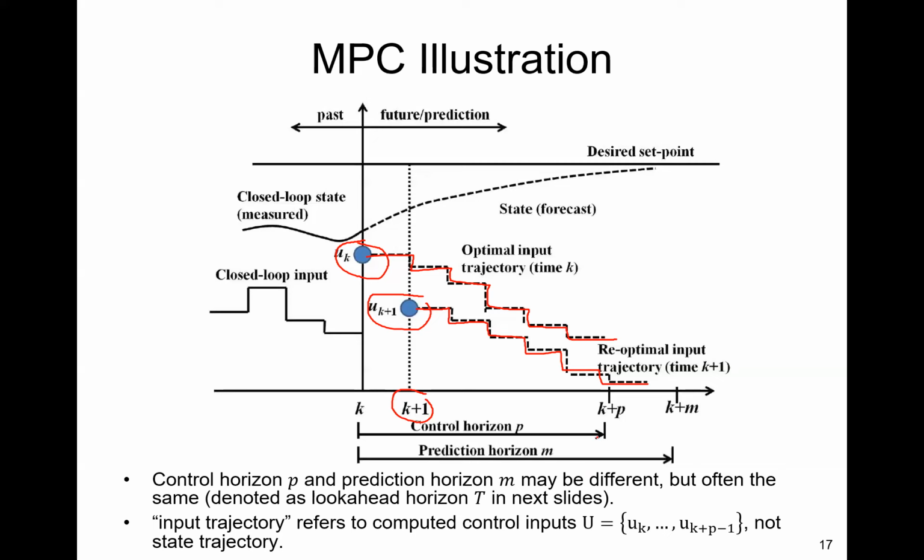That's why you need to compute a new series of control inputs. So this is feedback control, because at every time step you're taking into account new information from the sensors to compute a new command. If you just applied the computed P control inputs blindly without any updates, then it would be open loop control. It's closed loop control because you're always taking into account new sensor information at every time step.